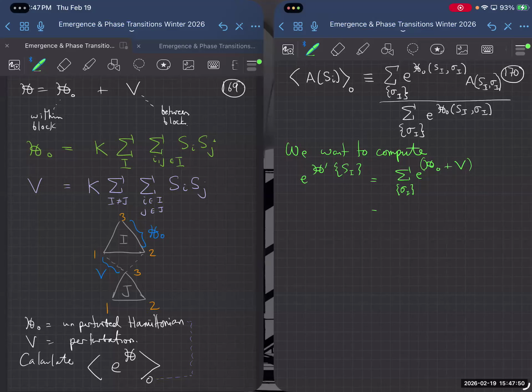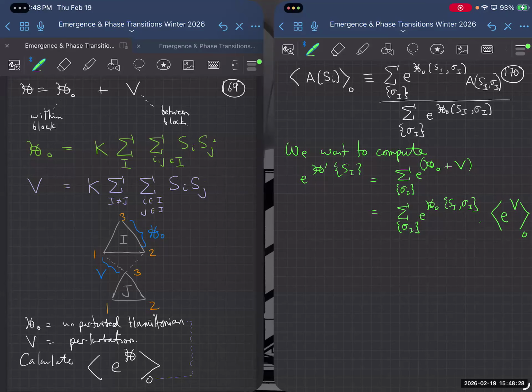And so I can write this as the sum over the sigma_i's of e to the H naught of S_i, sigma_i, and then the expectation value of e to the V with respect to this variable here.